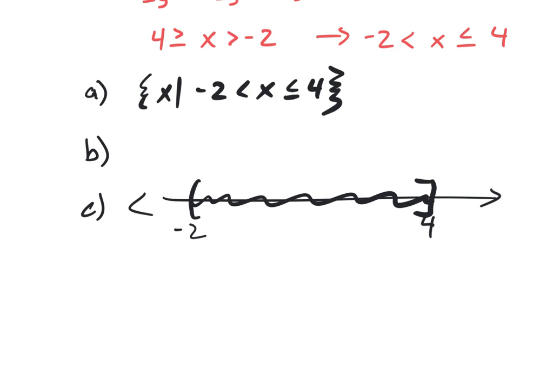Okay, and so that should be pretty simple. And then for our interval notation, we're just using our graph. And this should be a parenthesis right here. So we're going to say parenthesis, -2 to 4, including 4. And that'd be our interval notation.